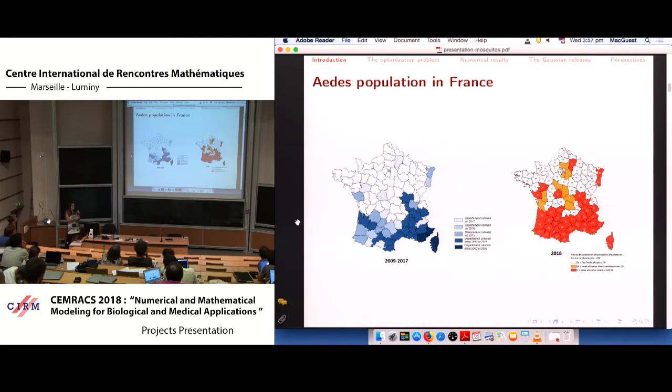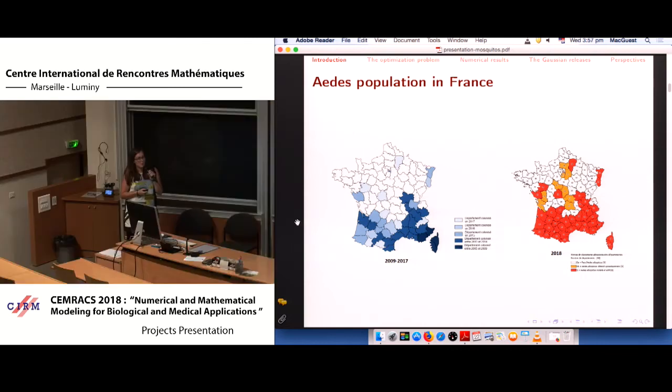In red, it is present and it can reproduce. In orange, it is present, but we do not find eggs. And in white, no presence has been recorded.